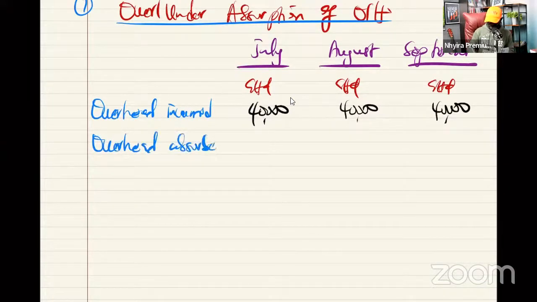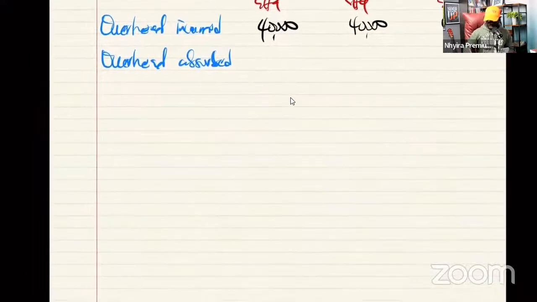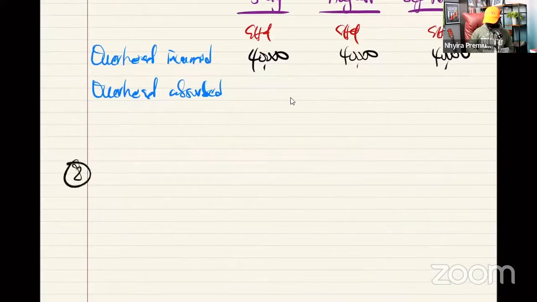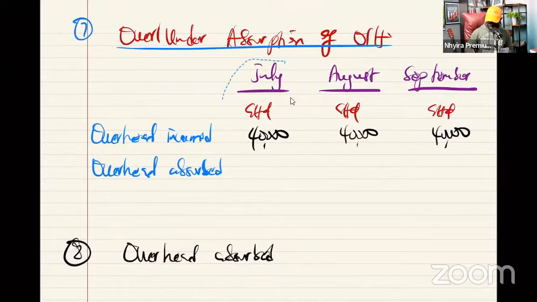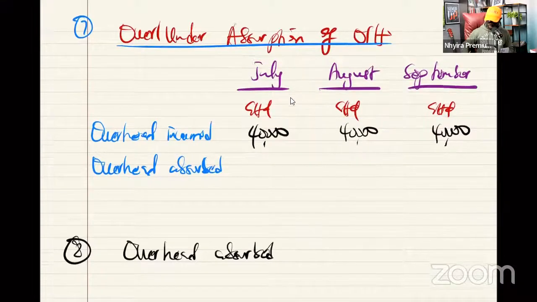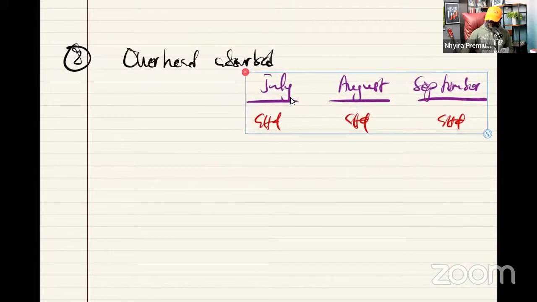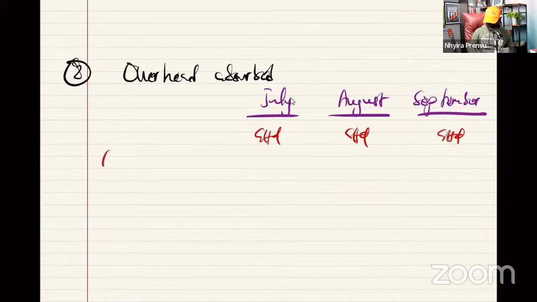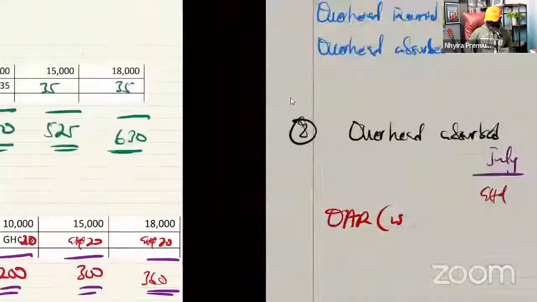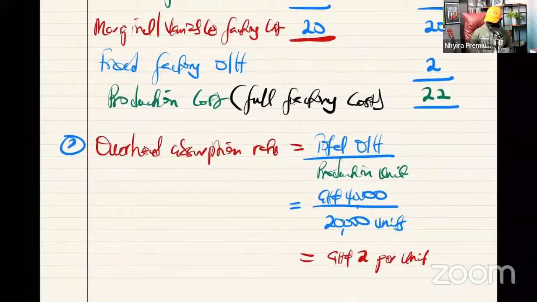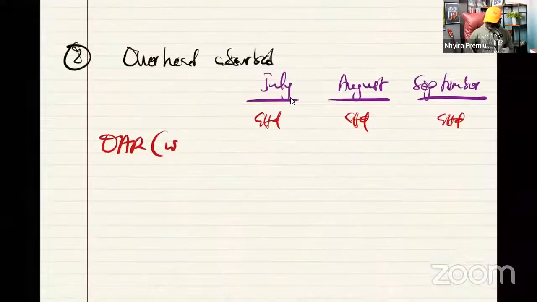Overhead absorbed. Now, what is the overhead absorbed? We have to do a calculation for that. Let me just duplicate this and bring it up there. We bring in the overhead absorption rate we calculated in workings 2, which is $2 per unit.